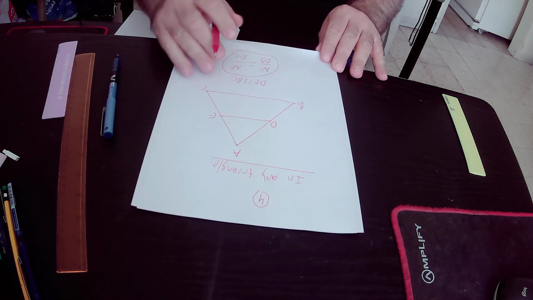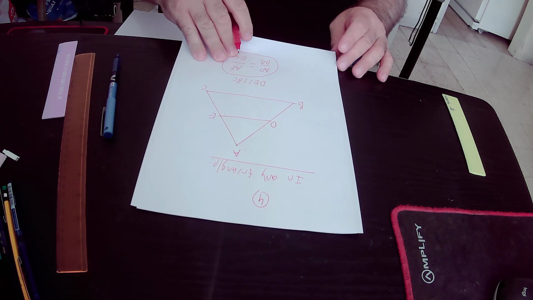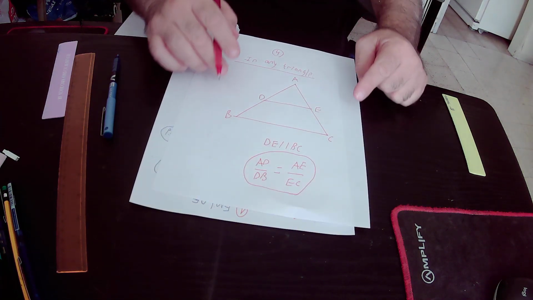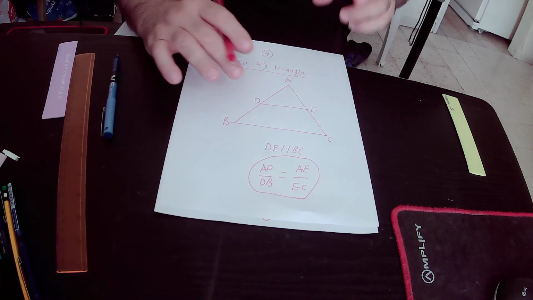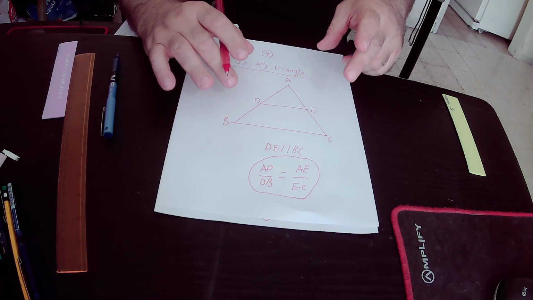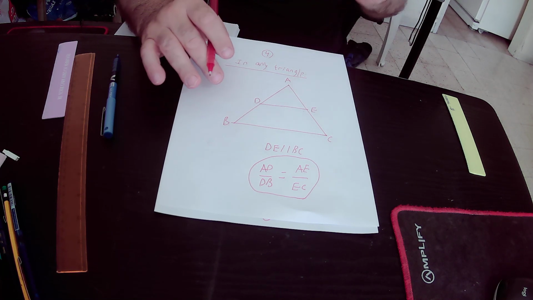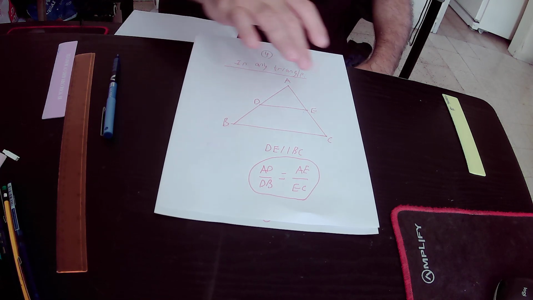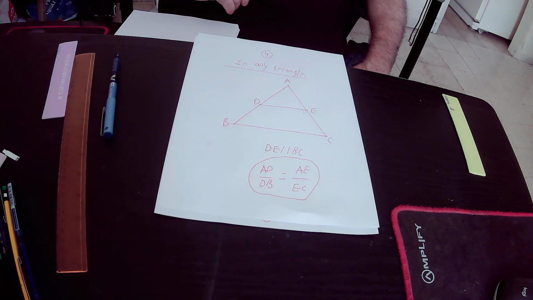Again, if we have triangle ABC, that can be any triangle, and we know that DE is parallel to BC, then the following relationship exists between the sides of this triangle: AD over DB equals AE over EC.